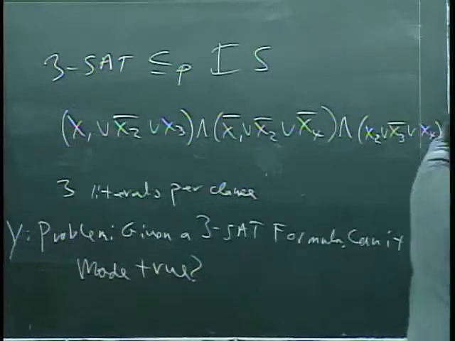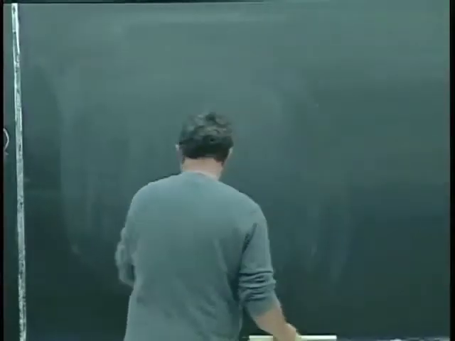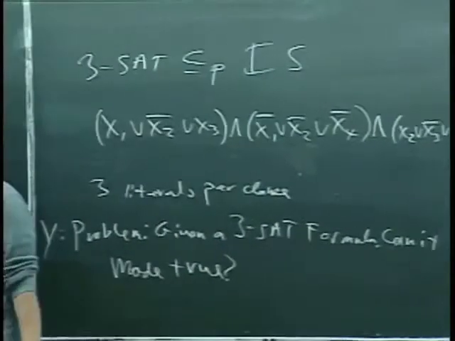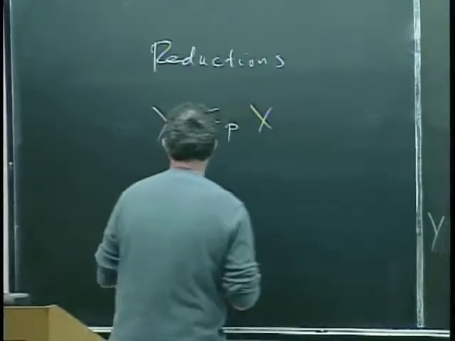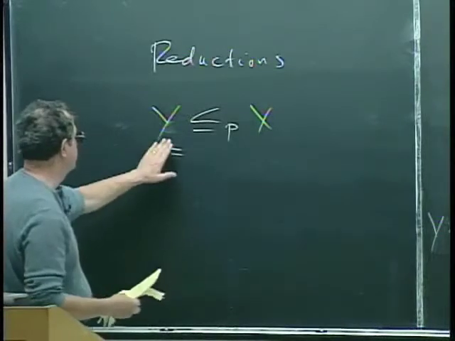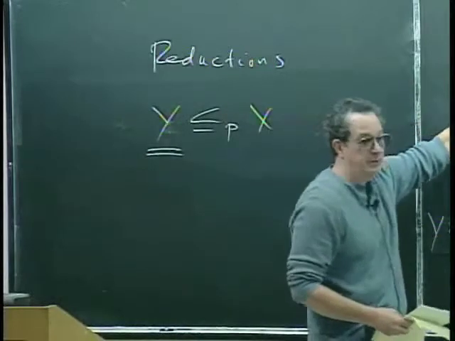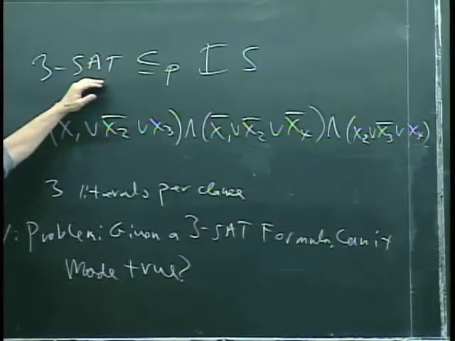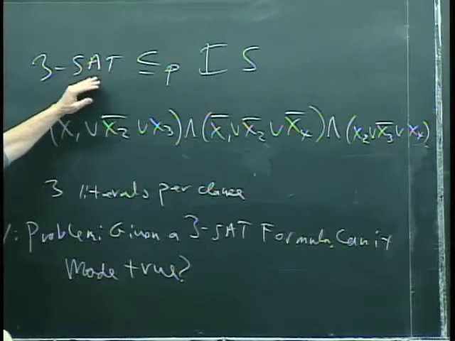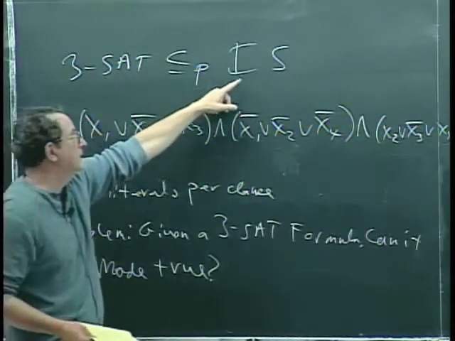So, to do the reduction, last time we had a formal definition of what reductions mean. Essentially, it means that I have a polynomial time algorithm that does some work that can take in any input, any instance of problem Y. So here we're going to take any instance of the 3-SAT problem, and it's going to do some polynomial time work and create one or more instances of the independent set problem.